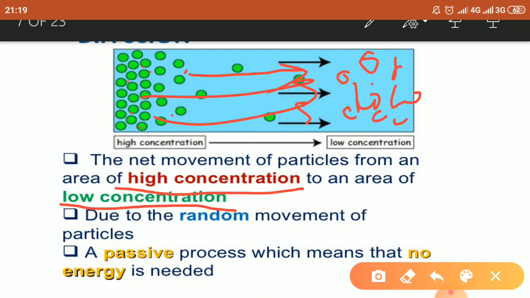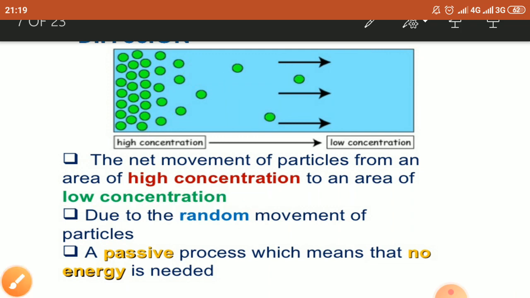This type of movement is random. Random means there's no such direction that it has to move upside, downside, left to the beaker, right to the beaker. So, due to the kinetic energy of the molecules, the random movement starts.